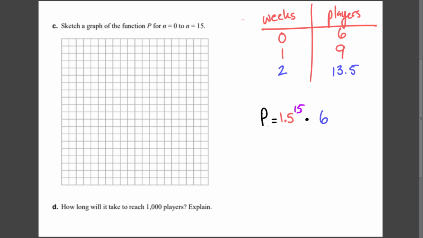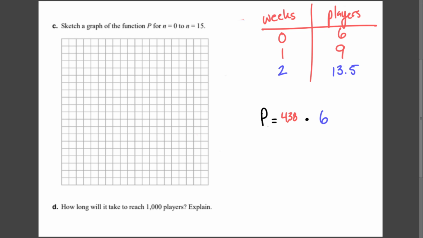I put this into a calculator and this simplified out to be 438, rounding up. It was a big decimal. 438 multiplied by 6. I'm now going to put that into my calculator.